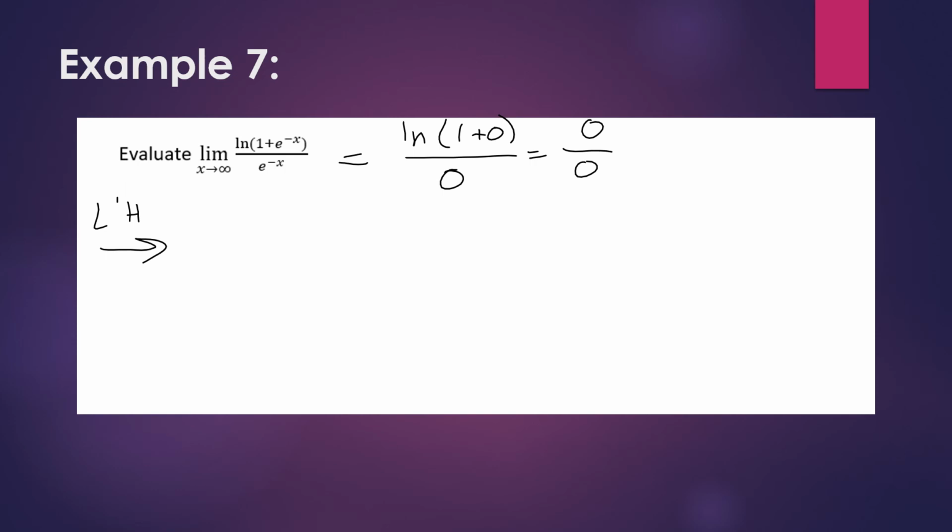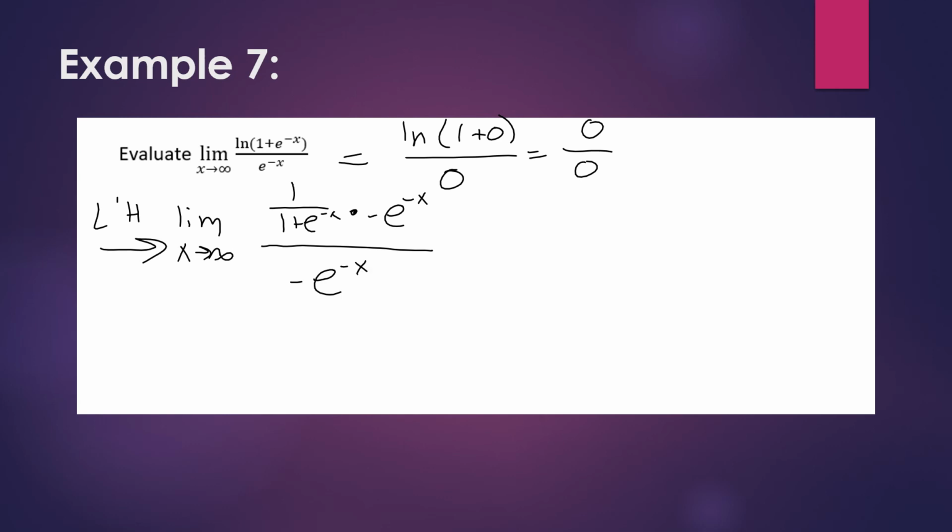So if I take the derivative of the numerator, I'm still doing the limit as x goes to infinity. I'm going to get 1 over 1 plus e to the negative x, times the derivative of the inside, which is negative e to the negative x, divided by negative e to the negative x.